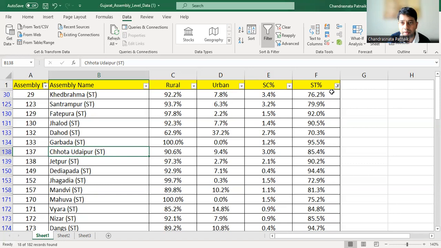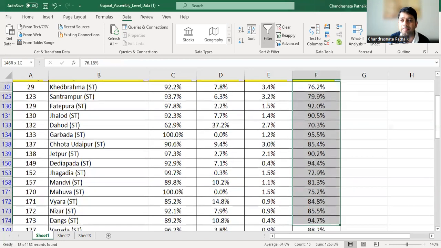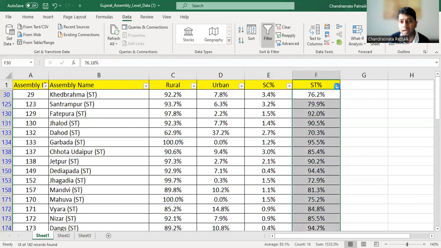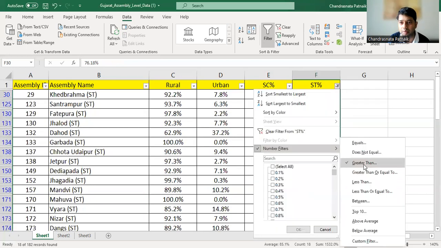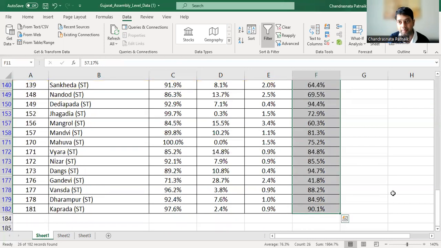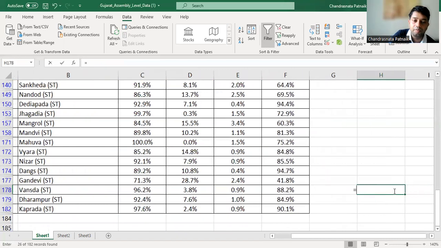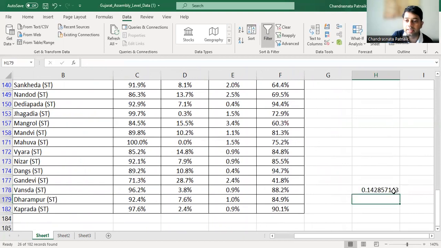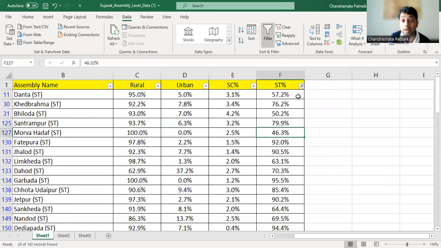So with more than 70% ST population, there are 18 seats. If I reduce it to greater than 40%, how many seats are there where the ST population is greater than 40%?